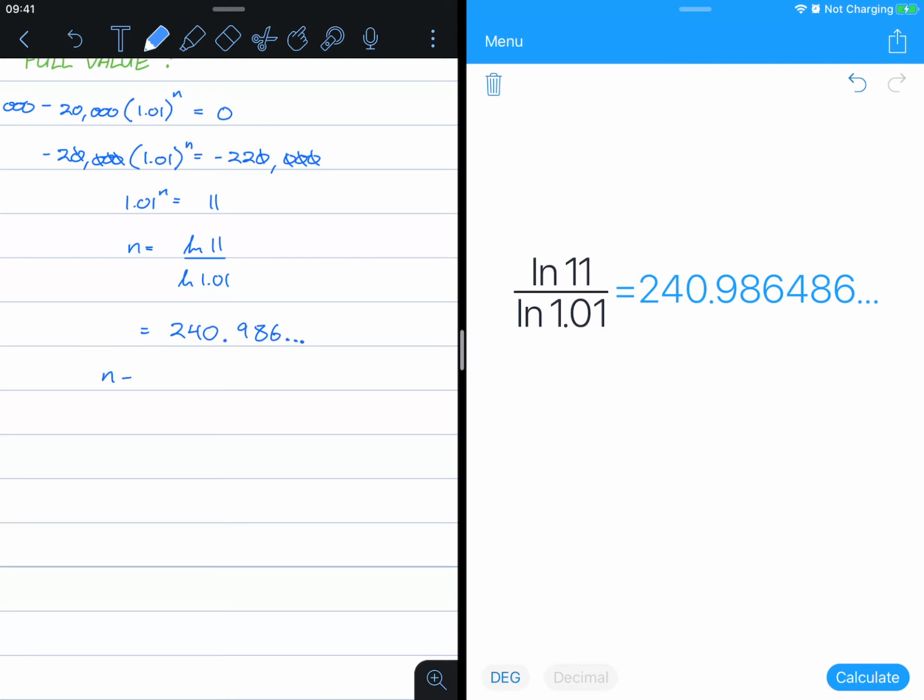But let's approximate this up to 241 months. This one I can see, 240 divided by 12, I believe that's 20 years. That's 20 years and 1 month.